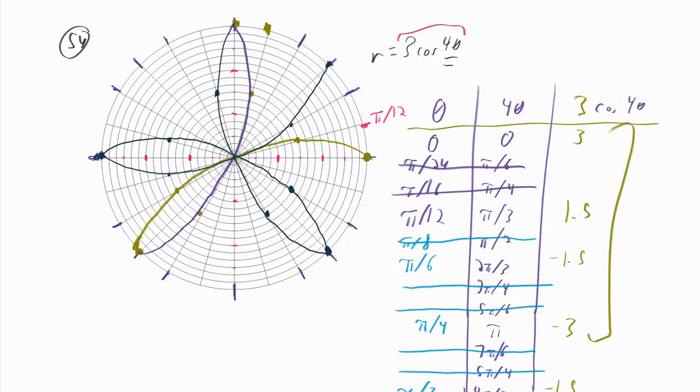So 1.5, keep this angle going to the other side, 1.5, and then back down to 3. So back down like that. Then 1.5, trace this to the other side, 1.5, and then to 3. So this goes down, crosses, comes up like that.